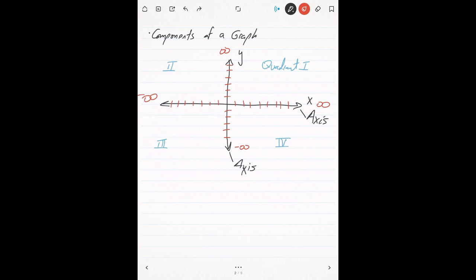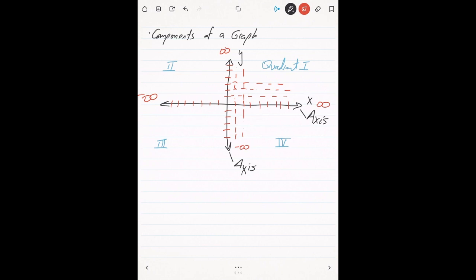We call it the rectangular coordinate system because you can think of this kind of like Battleship almost, where points are plotted on this graph in a rectangular grid system. We say move so much over left and right and so much up and down.